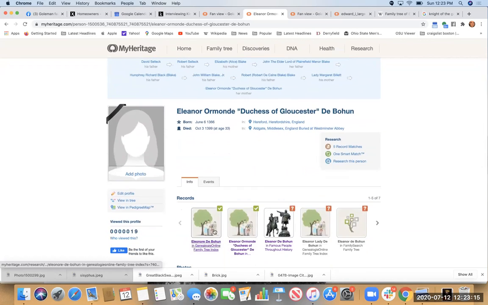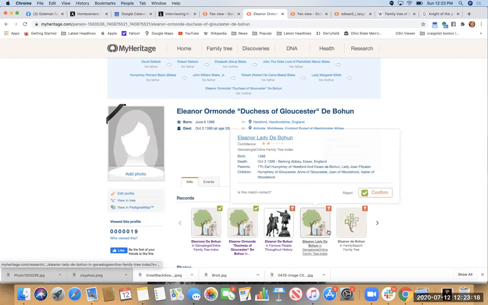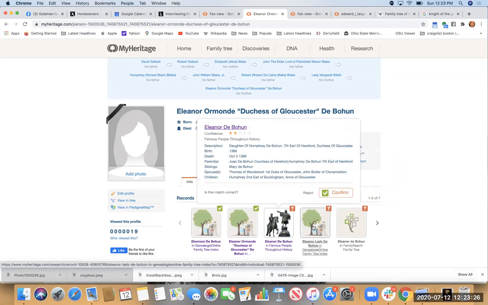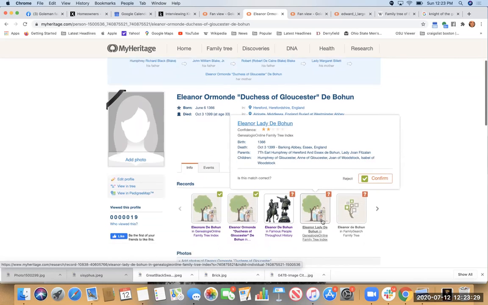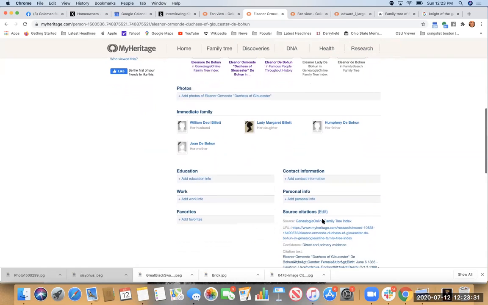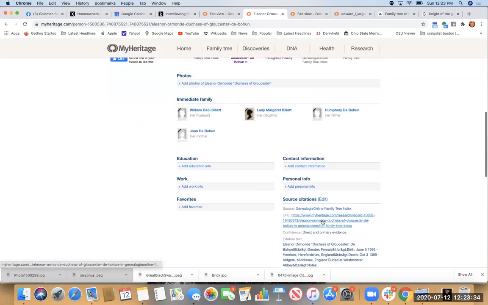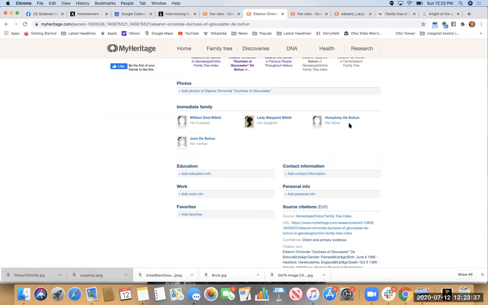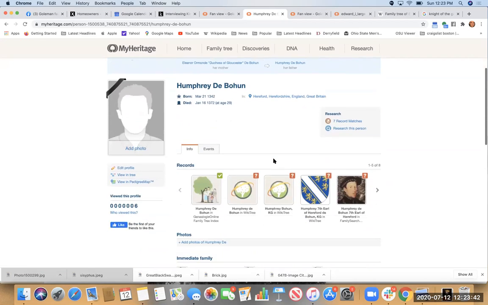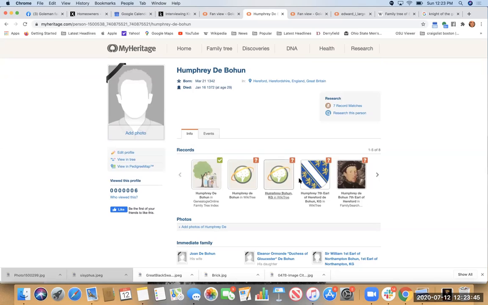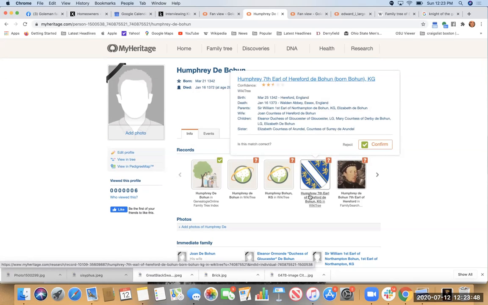So she's very interesting and has several articles in here, but most of the articles were basically who she was related to, her management of estates, and relatives and citations, things like that. Her father, I think it was her father. Yes, her father was Humphrey, the 7th Earl of Hereford, Devon, KG.